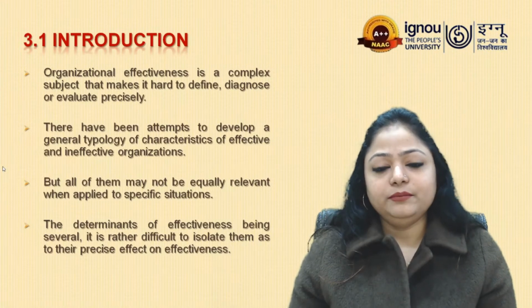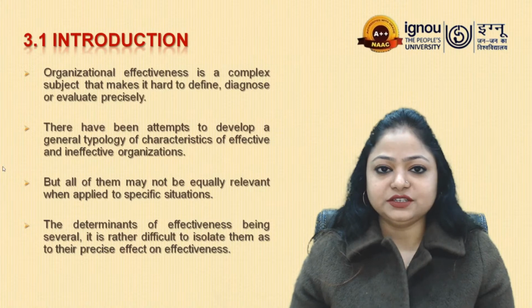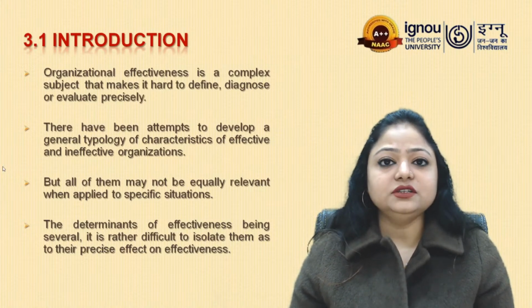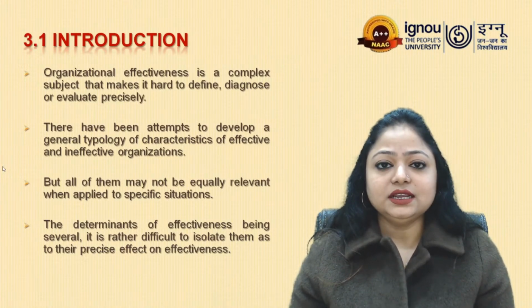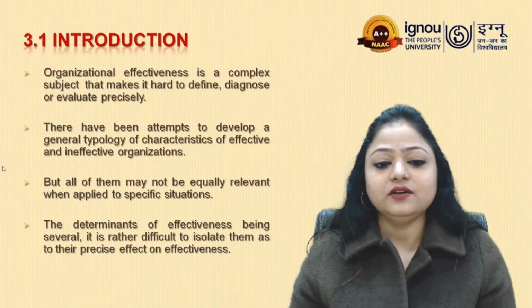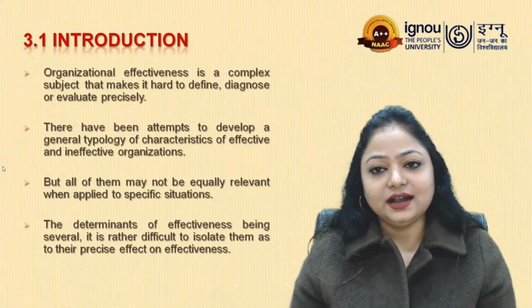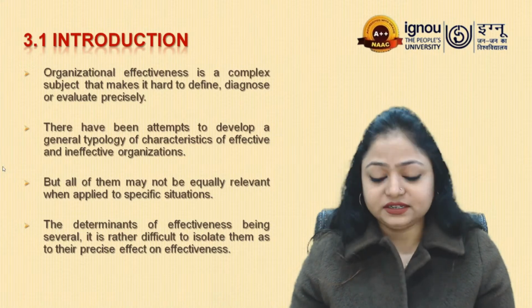But all of them may not be equally relevant when applied to a specific situation. So, depending upon the situation, each and every organization needs a different parameter or set of variables to decide whether it is effective or not. The determinants of effectiveness being several, it is rather difficult to isolate their precise effect on the effectiveness.